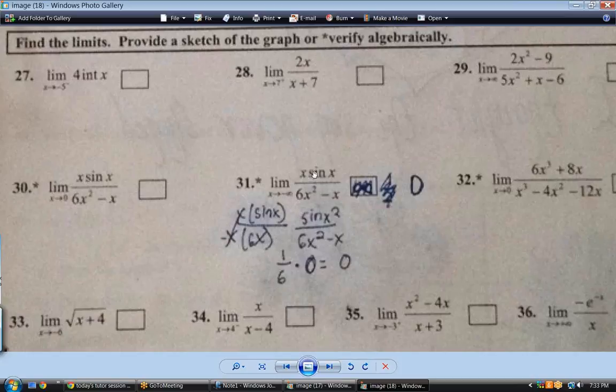Whether that's a trig function or not, we've got x over x squared, so the bottom's blowing up faster than the top, and that's going to go to 0. And as x gets big, the sine of x bounces back and forth between 1 and negative 1.